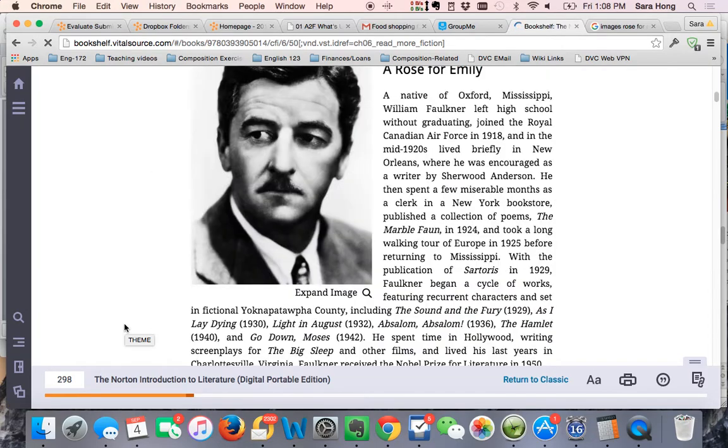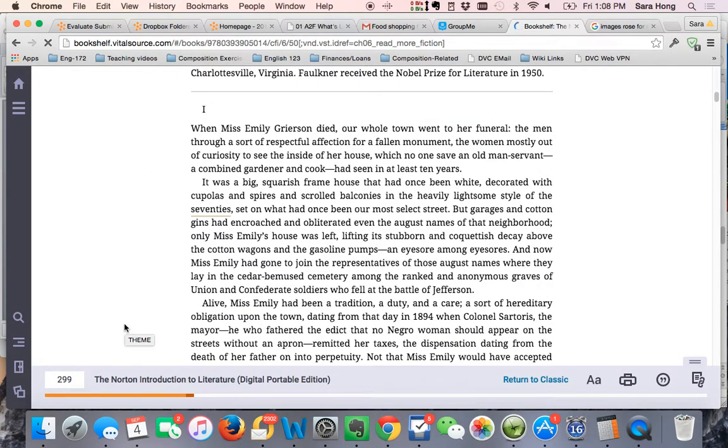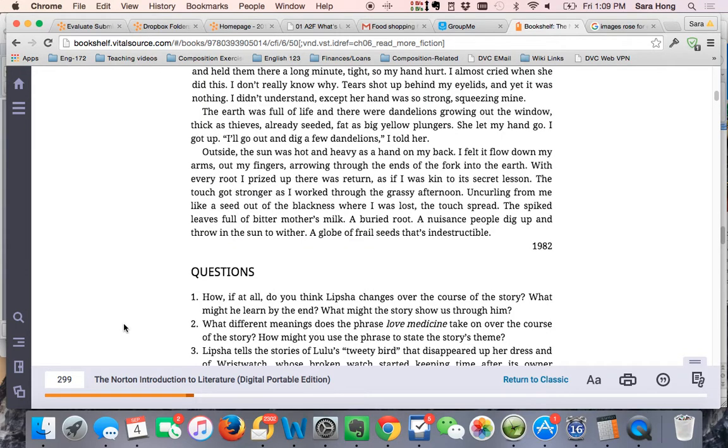When we get to A Rose for Emily, we immediately encounter the following description right after the announcement of how Miss Emily Grierson had died. We read, "It was a big, squarish frame house that had once been white, decorated with cupolas and spires and scrolled balconies in the heavily lightsome style of the 70s, set on what had once been our most select street.